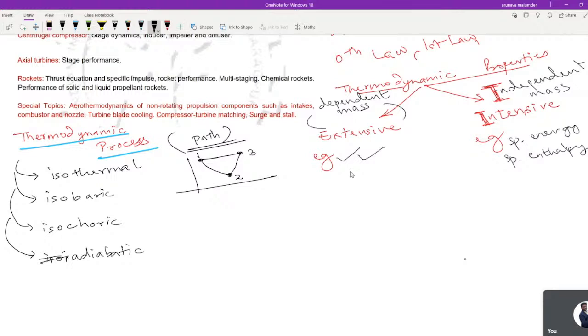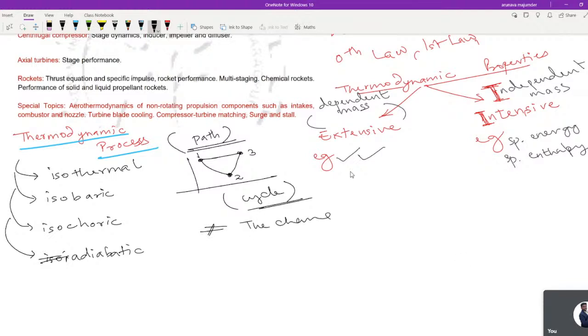So there may be one or two questions based on the path and the cycle. What do you understand by the path and which is the cycle? They may be asking. Now there is again a very unique connection. What happens with the cycle? This is another very important thing to note down.